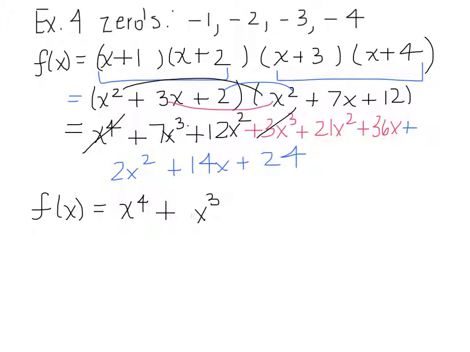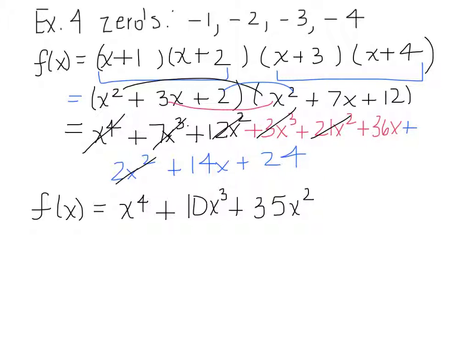Sorry about that, guys. Okay, so now I can do 7 plus 3, which is 10x cubed. Okay, and then my x squares, I have 12, 21, and 2, which would make 35 x squared.